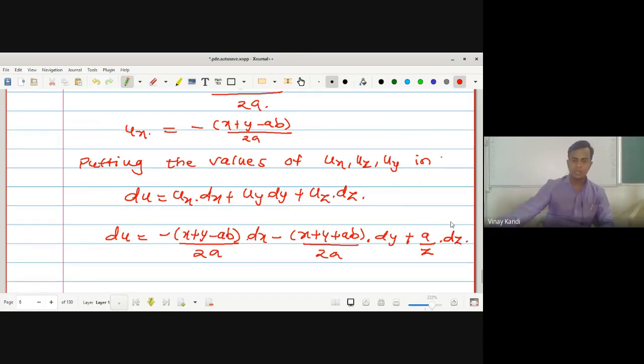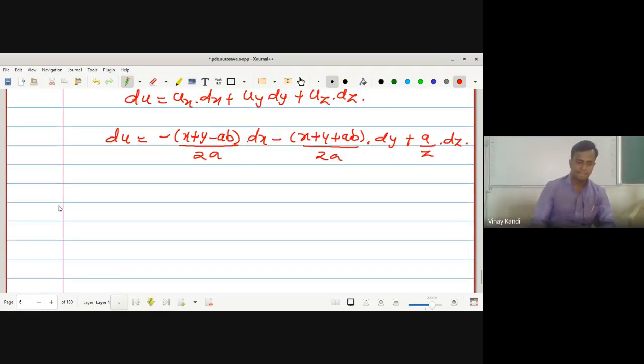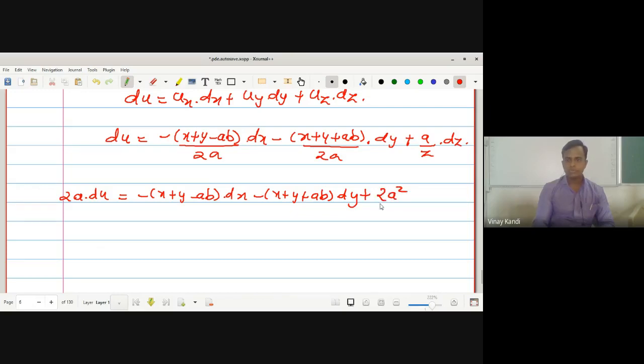What do we need to do now to get the integration? Multiply this equation by 2a. So here you get 2a du equal to minus x plus y minus ab into dx, minus x plus y plus ab into dy, plus 2a square by z into dz.